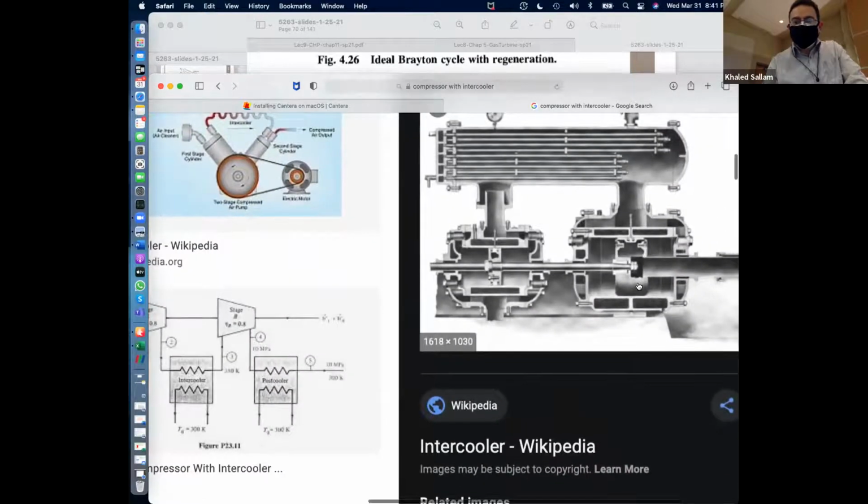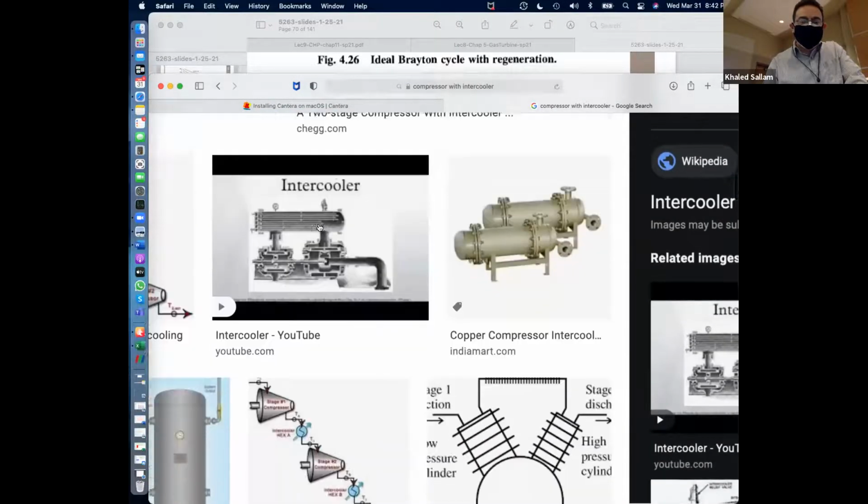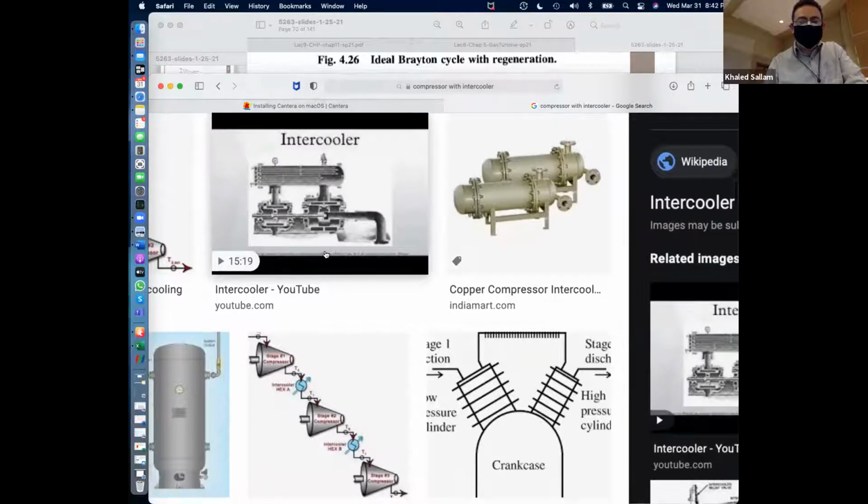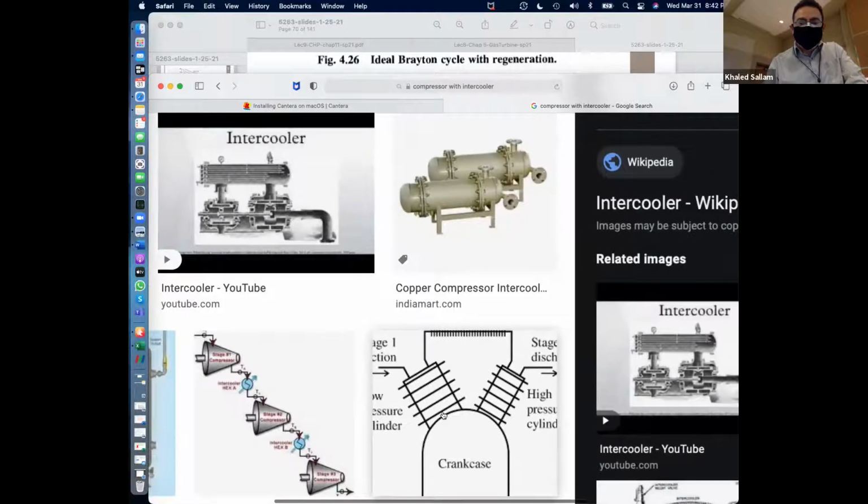You can see how when he finished the first stage, he goes to the intercooler before he goes to the second stage. Okay, so that again costs money, right? Because you have to build something like this. Look at this. Compressor, intercooler, then another compressor.